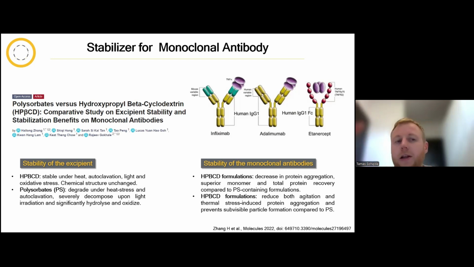There is one particular cyclodextrin, the hydroxypropyl beta cyclodextrin, which is a bit in the front line of these studies, and that's partially because Roquette, one of the bigger cyclodextrin manufacturers, have a product which is called Kleptose Biopharma that is specifically suggested to be a component in the formulation of monoclonal antibodies.